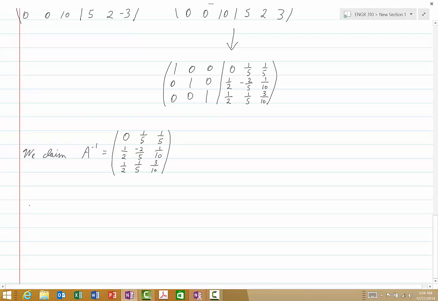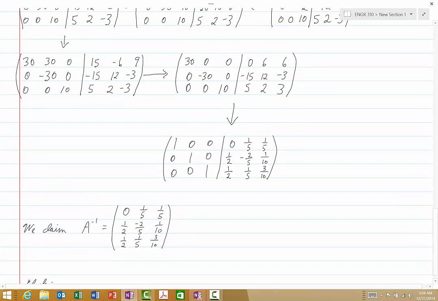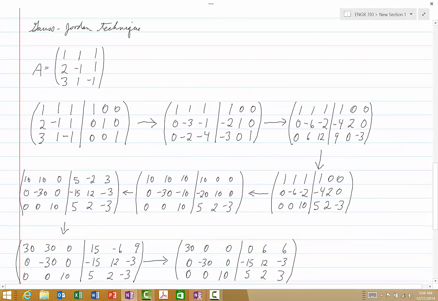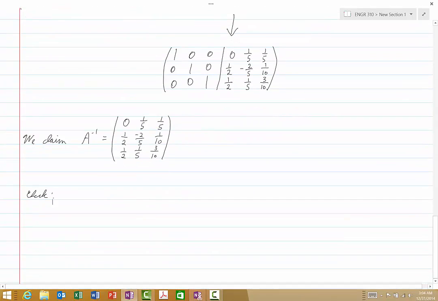And how do we check it? Well, checking it is very easy. We just take that matrix and multiply it by our original matrix A and see if we really do get the identity. So A inverse times A would be 0, 1/5, 1/5, 1/2, negative 2/5, 1/10, 1/2, 1/5, 3/10.